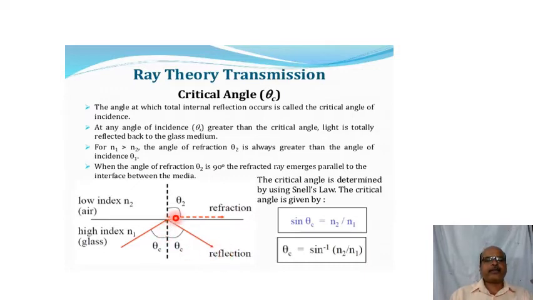But this is important: for n1 greater than n2, the angle of refraction theta 2 is always greater than the angle of incidence theta 1.